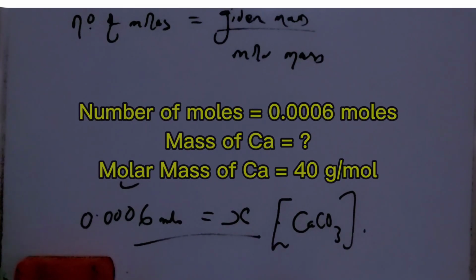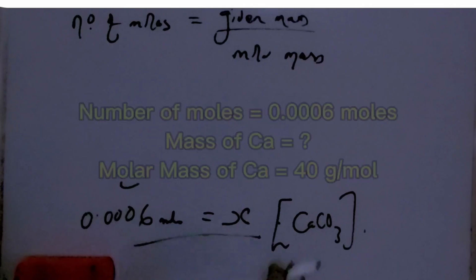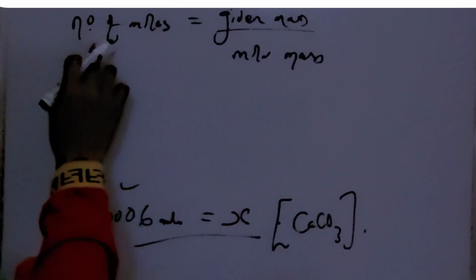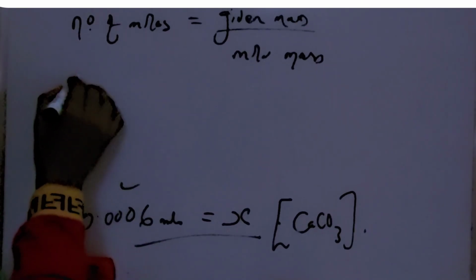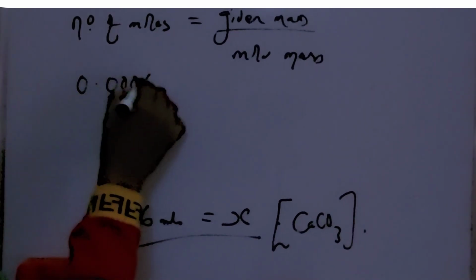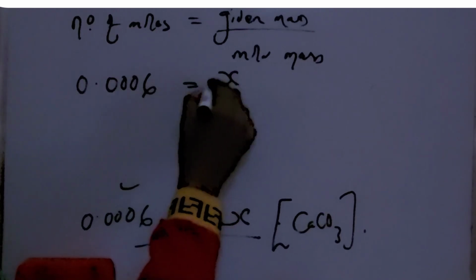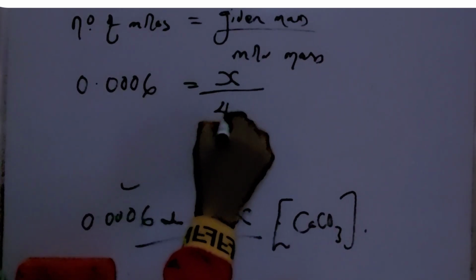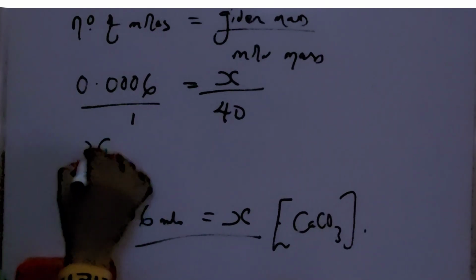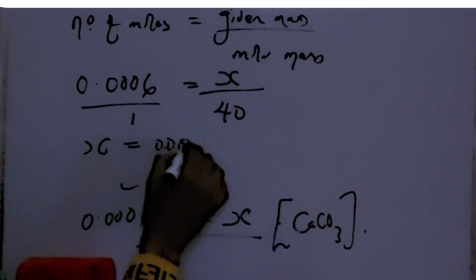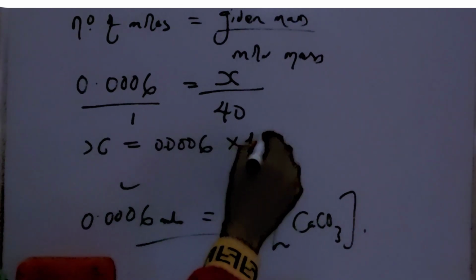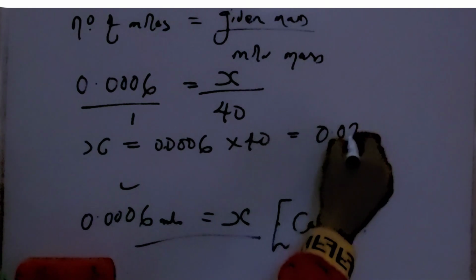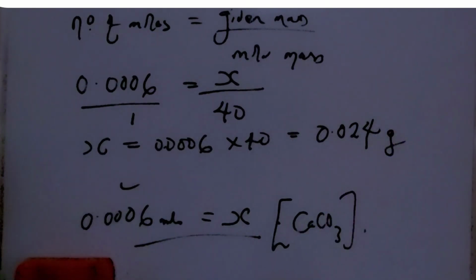How do you get the mass of calcium? That is calcium specific. The molar mass of calcium is 40. So we have the number of moles, 0.1236, equal to the mass of calcium divided by the molar mass of calcium, which is 40. Essentially we multiply that value by 40, which should give you around 0.024 gram. Can you see that?